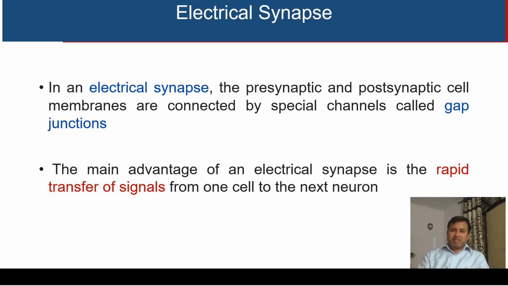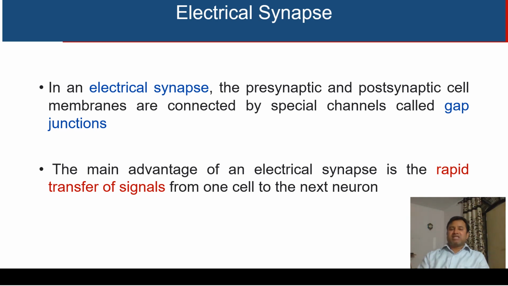Second is electrical synapses. In the electrical synapses, presynaptic and postsynaptic cell membranes are connected by a special channel called gap junction, because in the electrical synapses, synaptic cleft is absent. So in place of synaptic cleft, the gap junction is present. The main advantage of the electrical synapses is the rapid transfer of the signal from one cell to the next neuron.